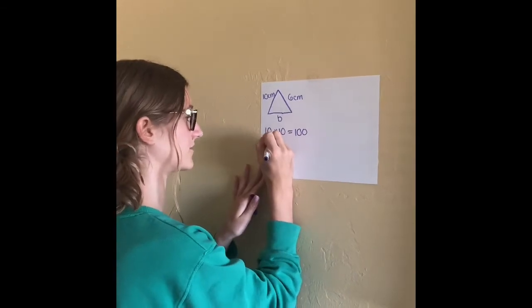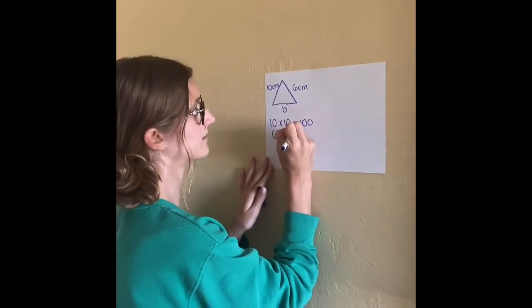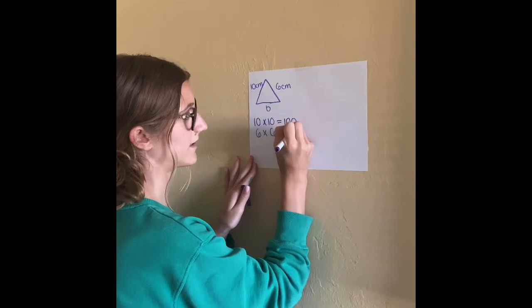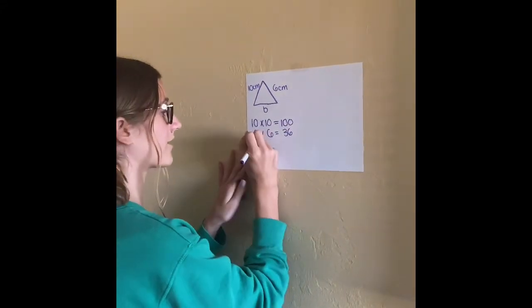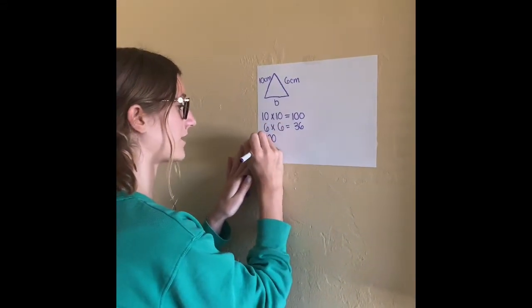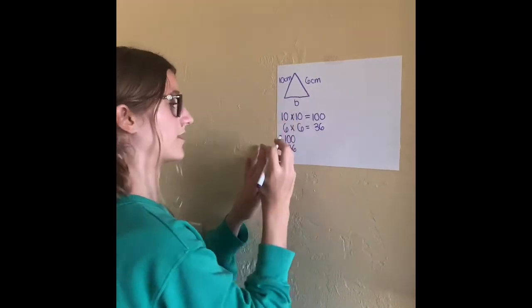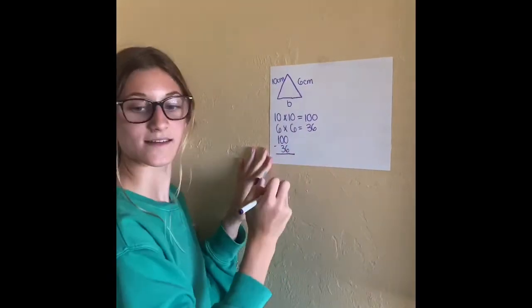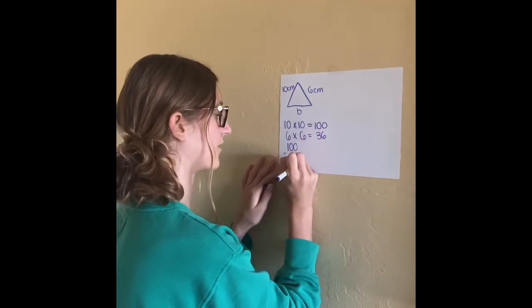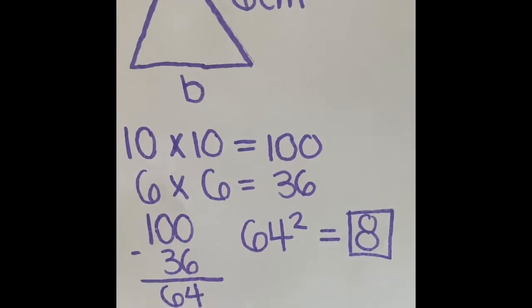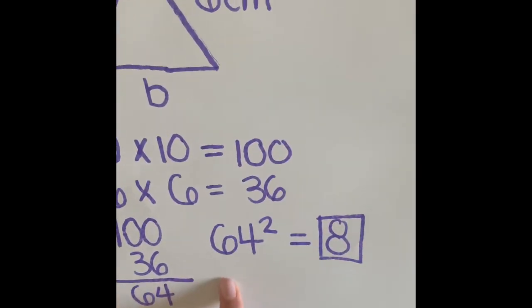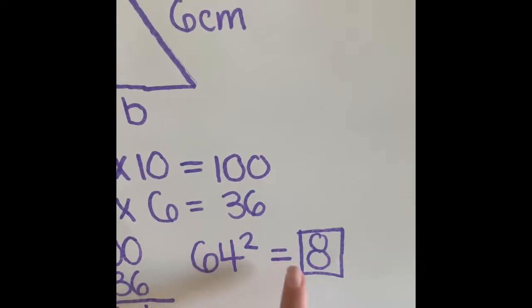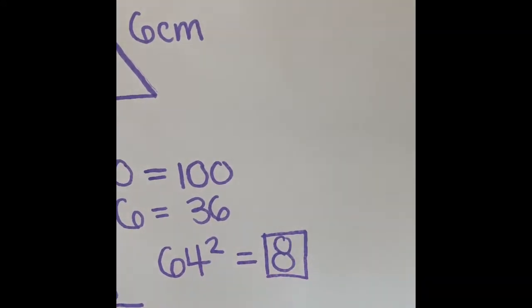Then we're going to multiply 6 times 6, which equals 36. Now we are going to subtract 100 minus 36, since this is a B equation, and that is going to give us 64. After you get 64, you find the square root of that number, and that will give you 8, which is your final answer.